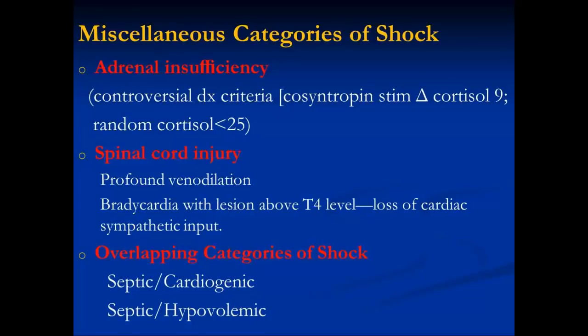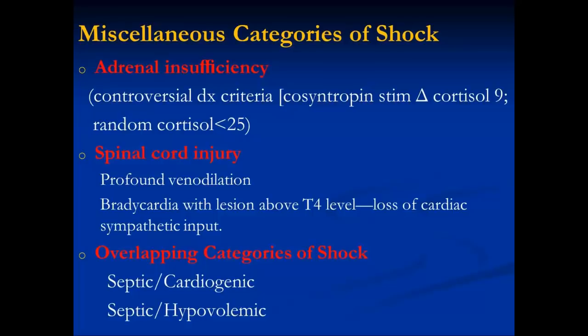Some other categories of shock that you need to be looking into: adrenal insufficiency. Nobody really does the cosyntropin test anymore. Everybody looks at the random cortisol if you're suspecting that. You're going to see two numbers, 25 and 18, as a cutoff for adrenal insufficiency.